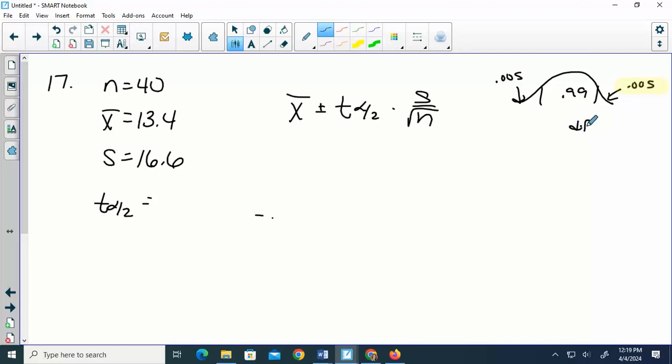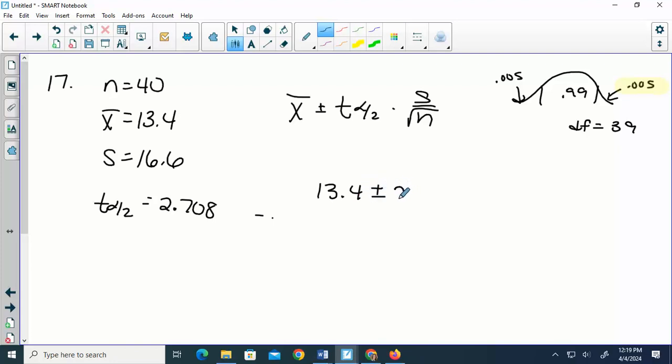How many degrees of freedom do we have? 39, n minus 1. Remember, this table is a little limited, but this one is on here. So 39 and 0.005 gives us 2.708. So now we plug into our formula.